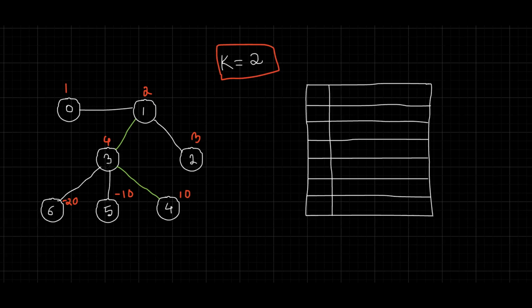So suppose for this node 3, as this is the center of the star graph, we can take these edges and these edges. So the summation of the nodes connecting these two edges will be 2 plus 4 plus 10. That means it will be 16. So this is the output.